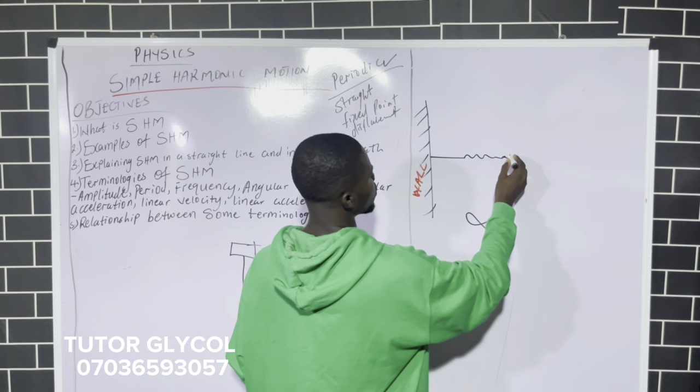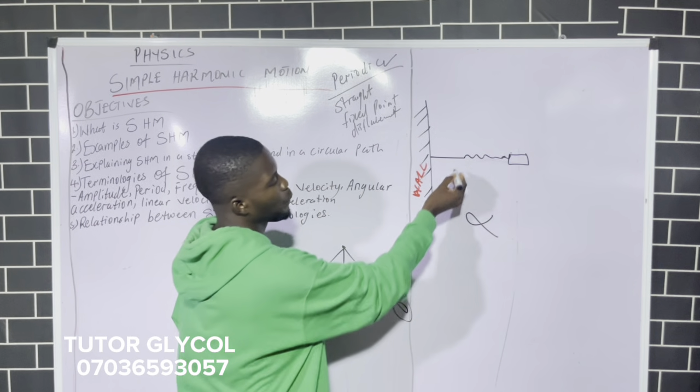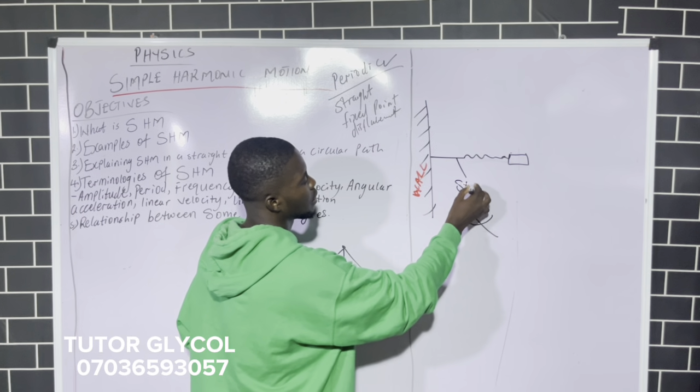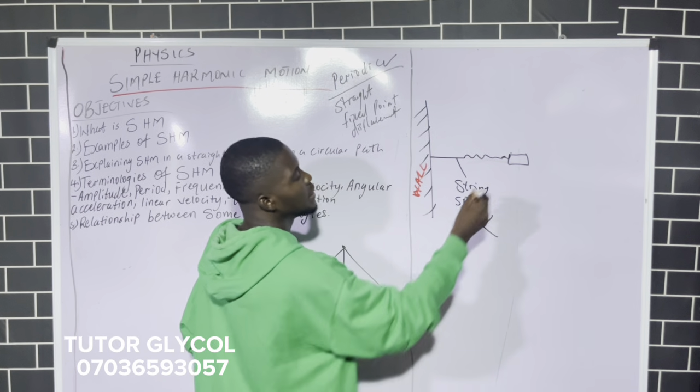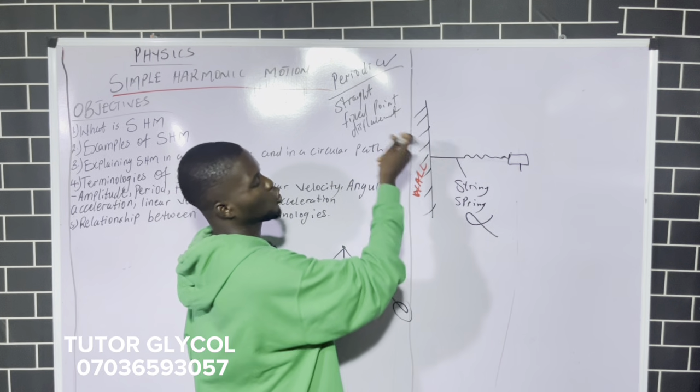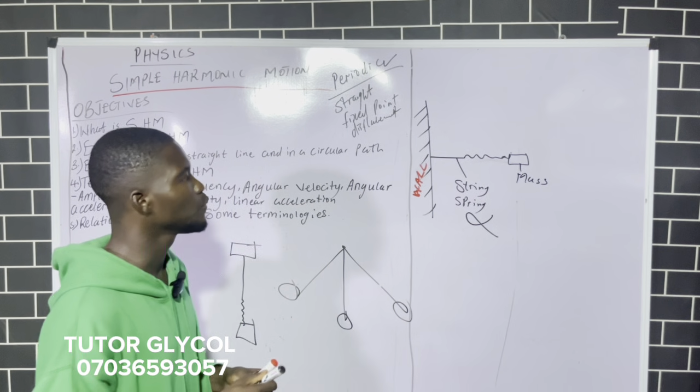We'll show that it's a string. So this is the wall. This is a string or a spring, whatever you want to call it. This is the mass that is attached to the spring. This is the mass.